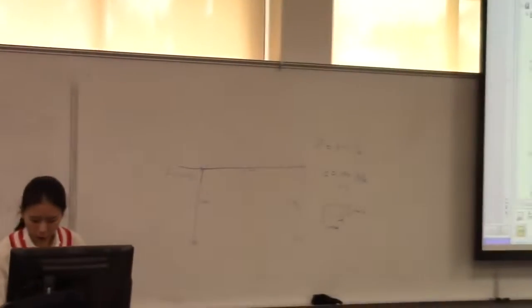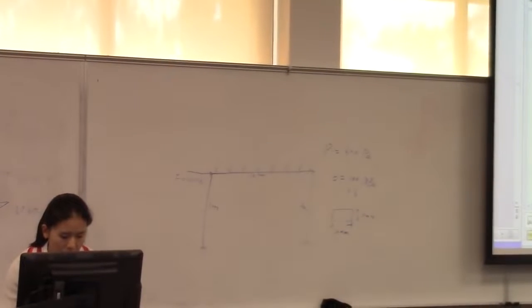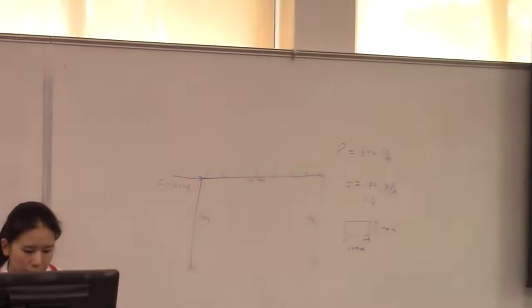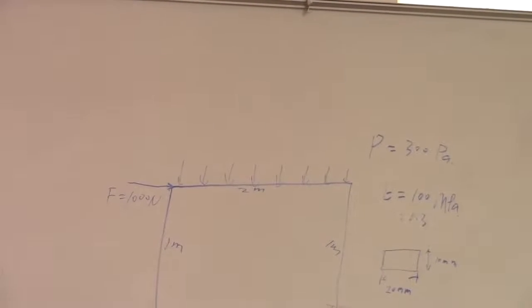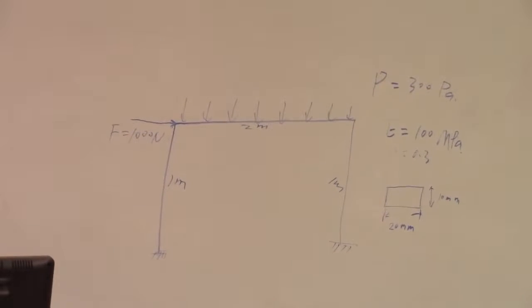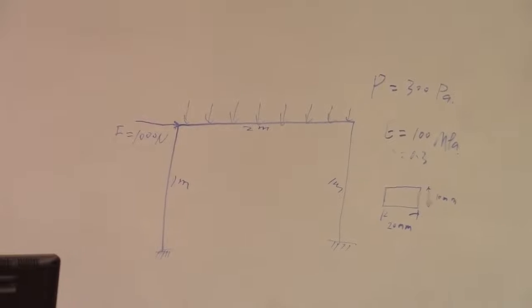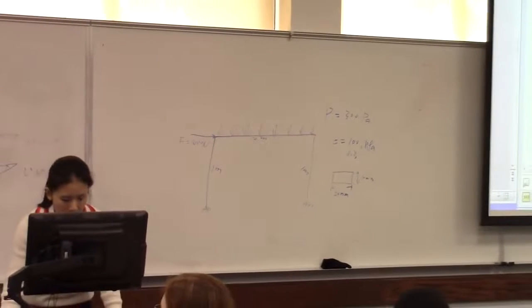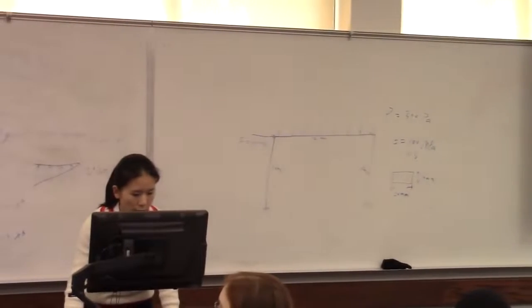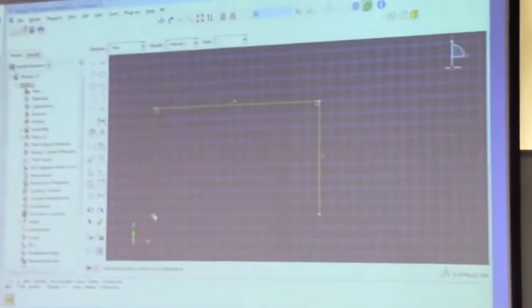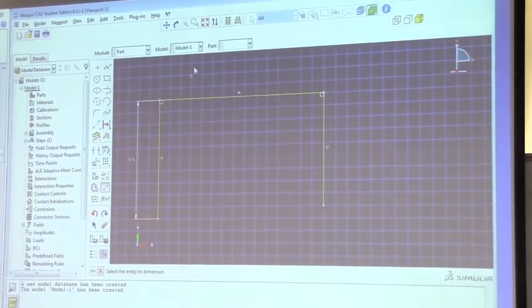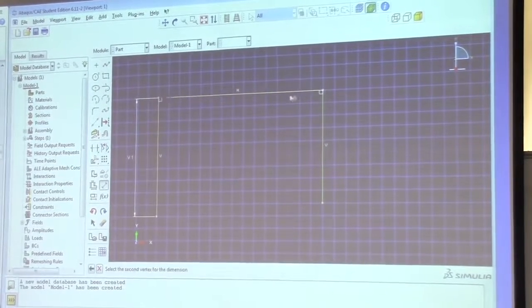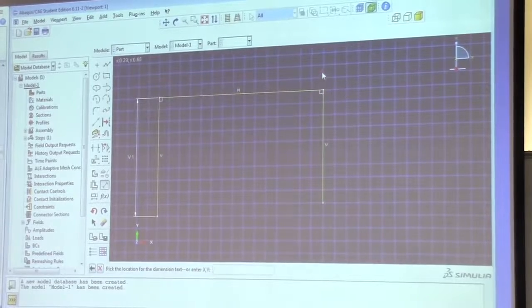So I can use 5 here for the general size, it doesn't matter. So I add dimension. This as 1, and add dimension. This as 2.